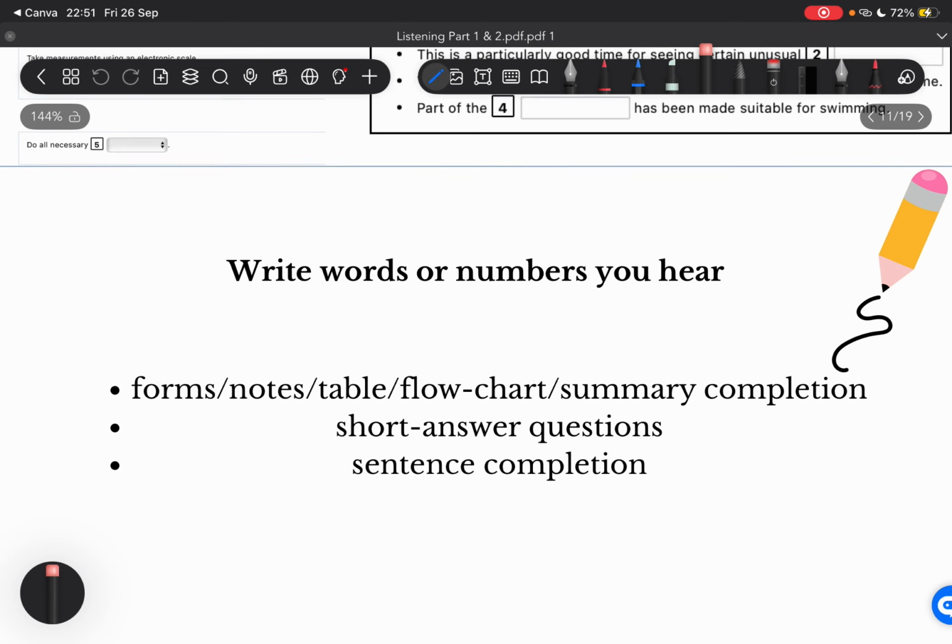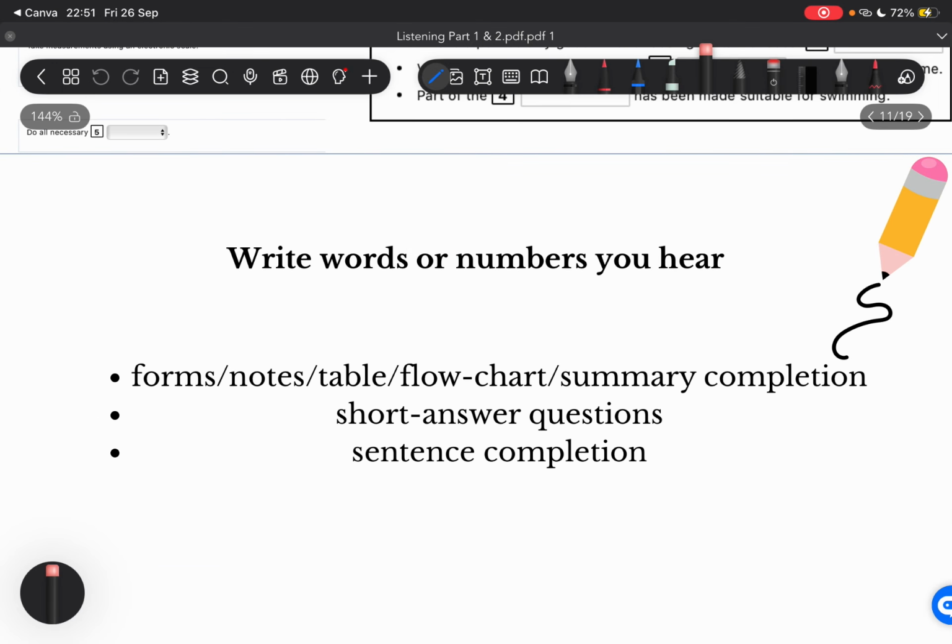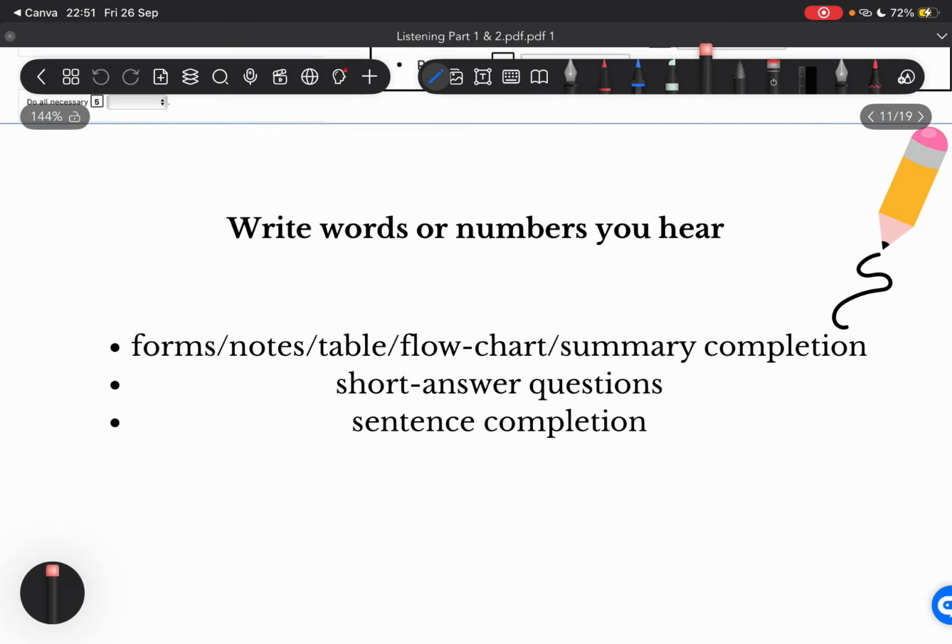Alright, and as you saw with the types of questions, we might divide them into 2 categories. One with the exact words or numbers you hear. This is listening for details. For these types of questions, form completion tasks, short answer questions, and sentence completion, you can just write down the words or numbers you hear.